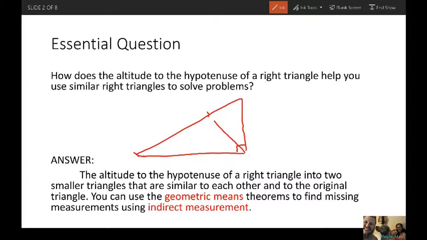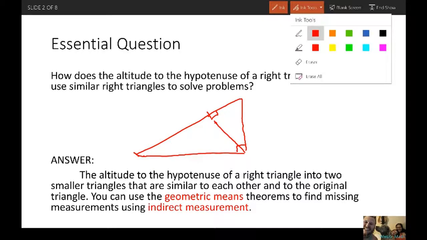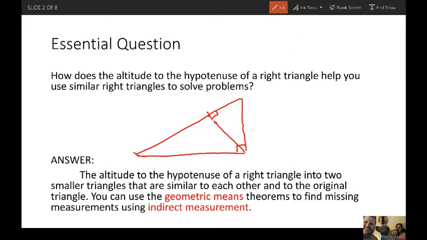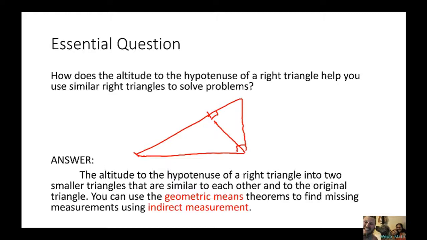Well, not in half, but basically you cut at a 90-degree angle and it forms two more triangles. Basically they're all similar to each other. And basically you can start using indirect measurements to find a missing piece. So you're going to see that with your problems and your examples.